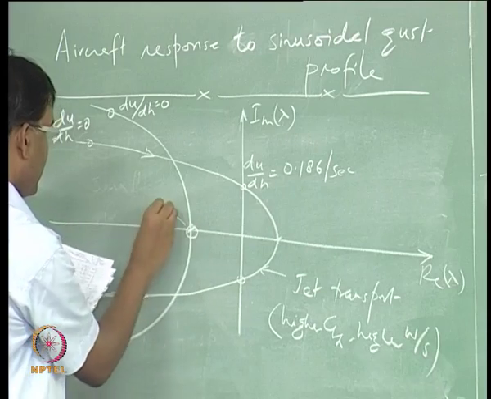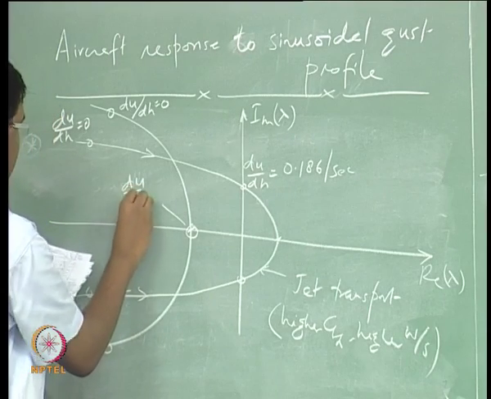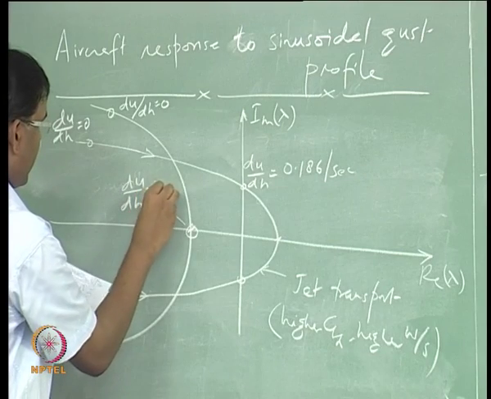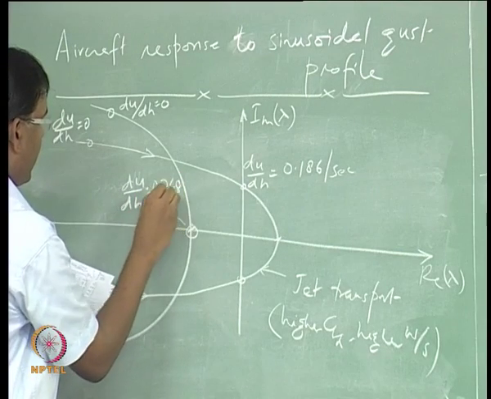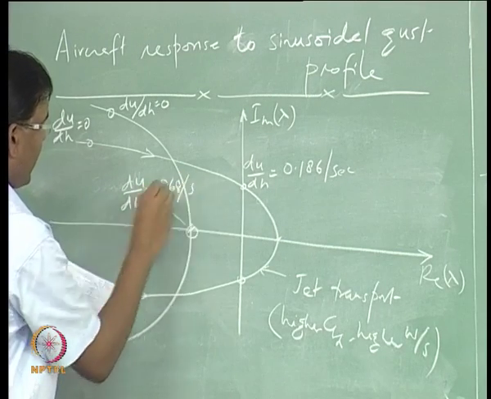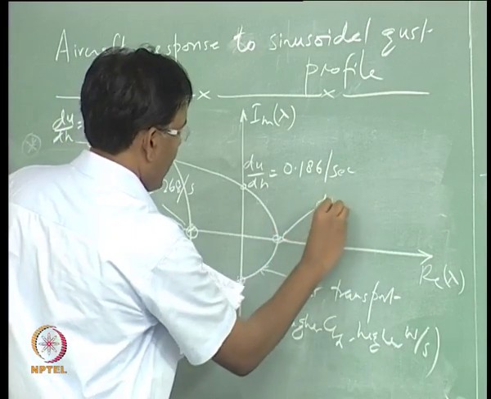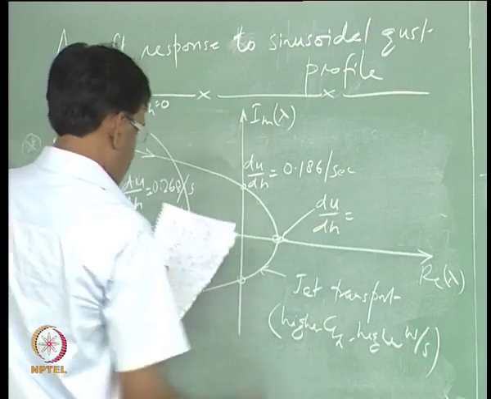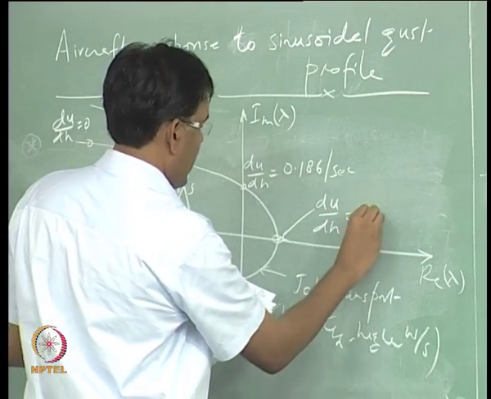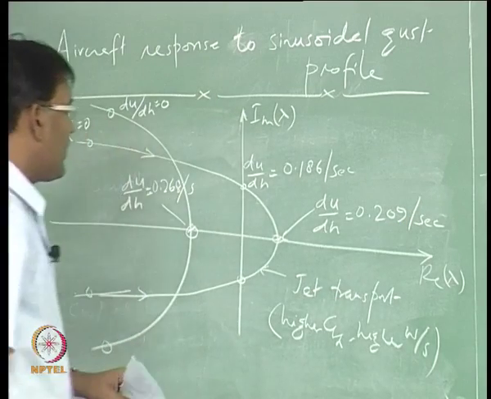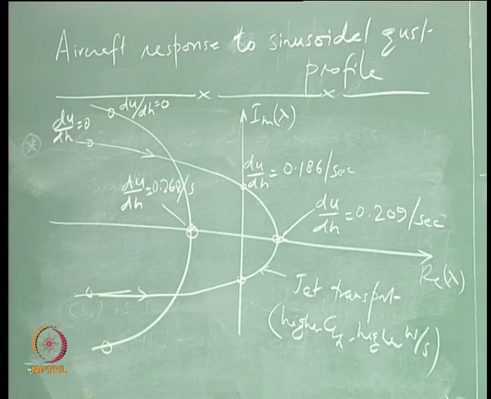So, this is example problem 6.2 in Nelson's book.